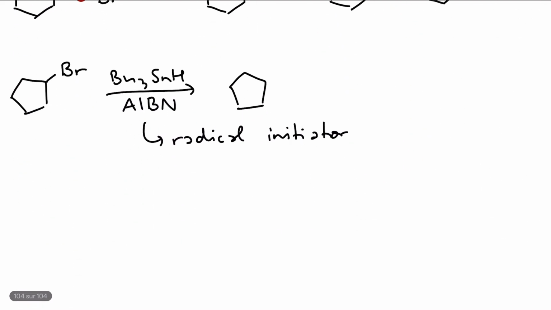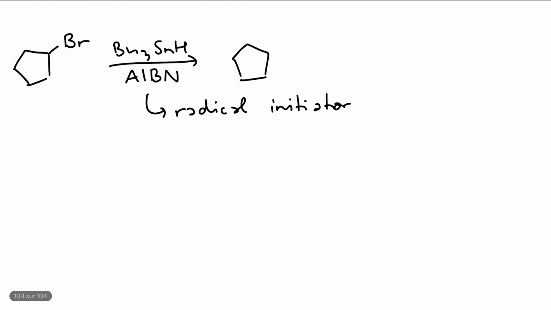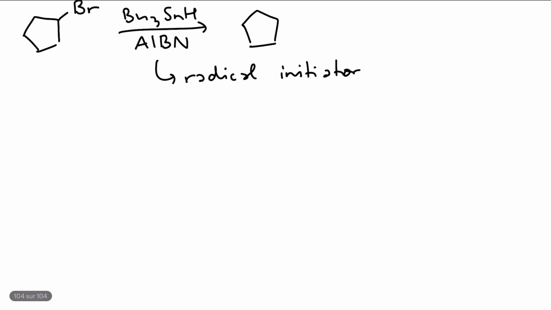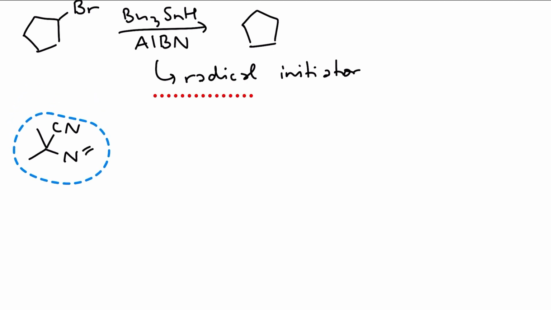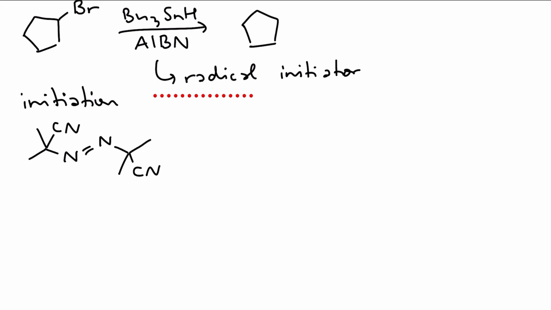All right. So what's going to happen first is that your AIBN, which looks like this. The first step is, of course, the initiation step. So this is AIBN. The first step is the generation of radicals, right?